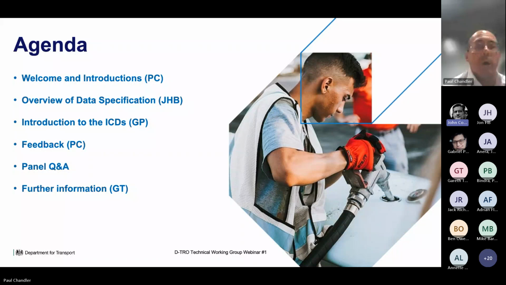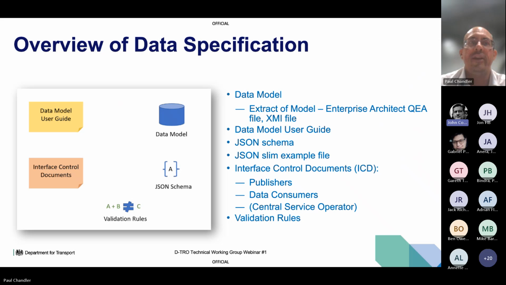It might not be item number 1 on the agenda, but it is pretty high up there, so it shouldn't take too long, hopefully. So all that being said, let's go over now to John Harrod Booth for that overview of the data specification. John.